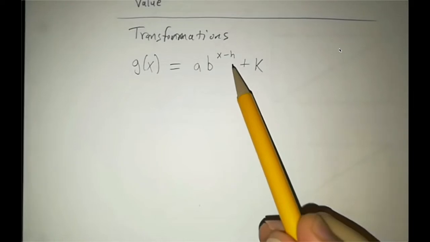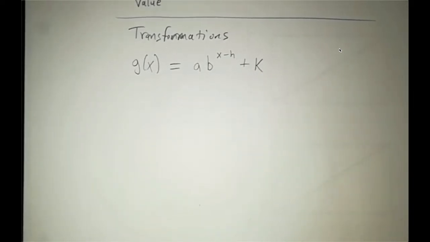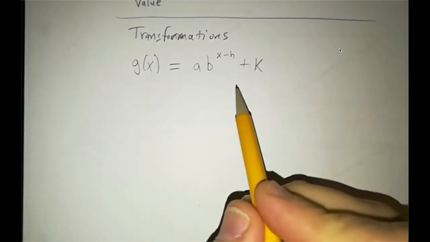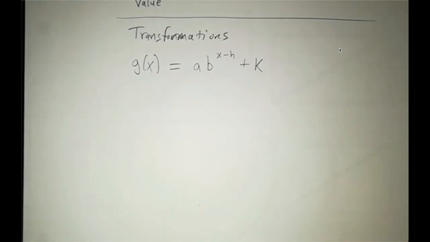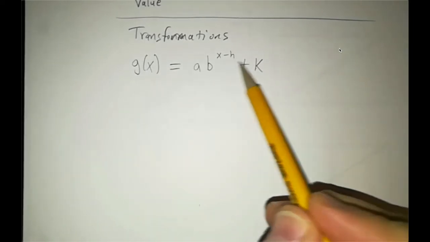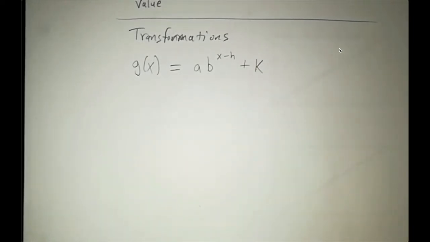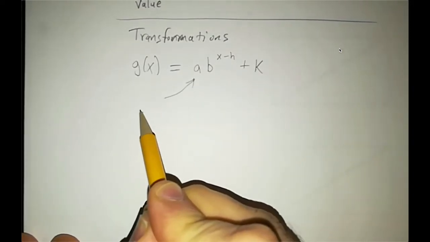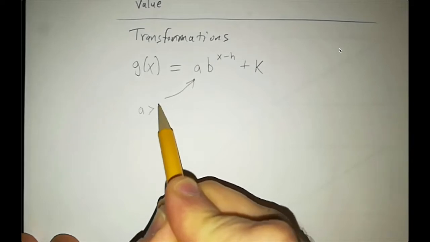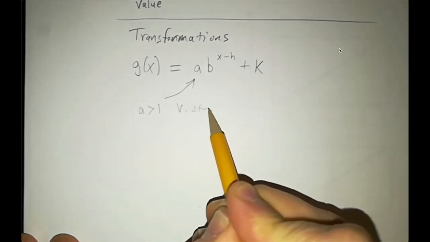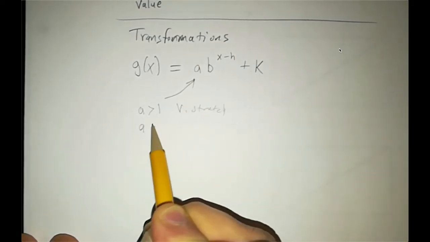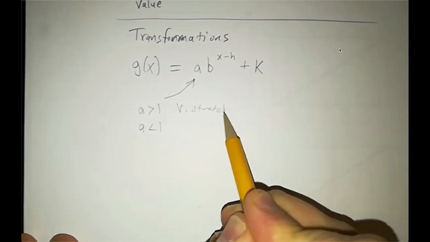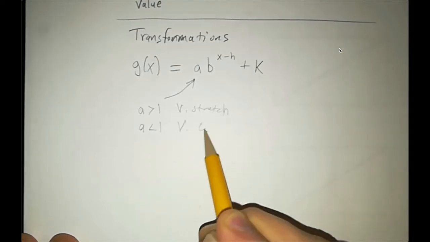We see those h and k variables like we've seen throughout the year in these equations, when we've been talking about transformations. These cause the same transformations as they always have. If a is bigger than 1, it causes a vertical stretch, right? If it's less than 1, it's a vertical compression.